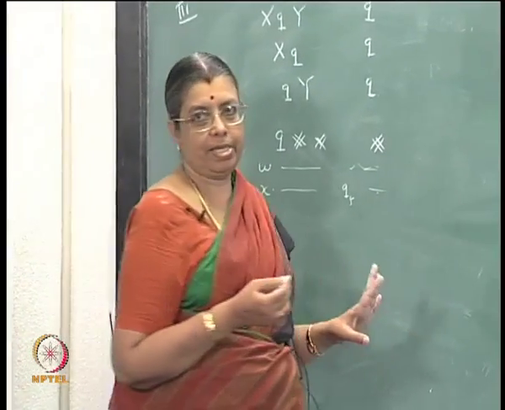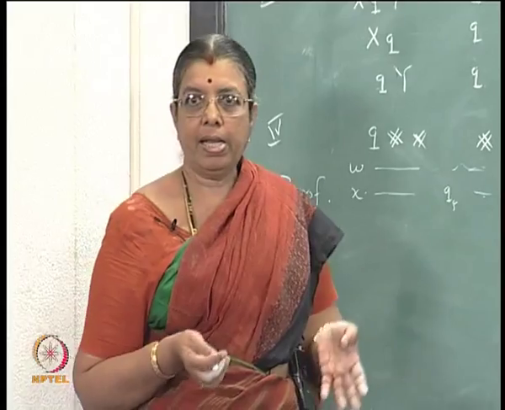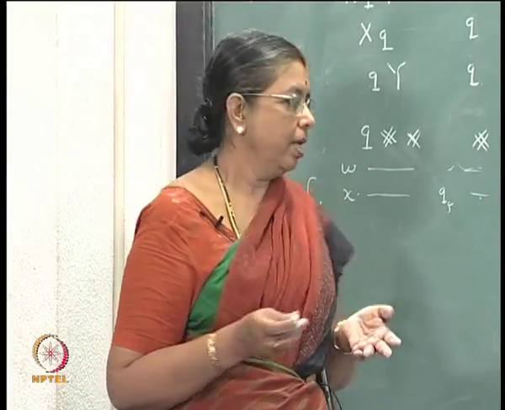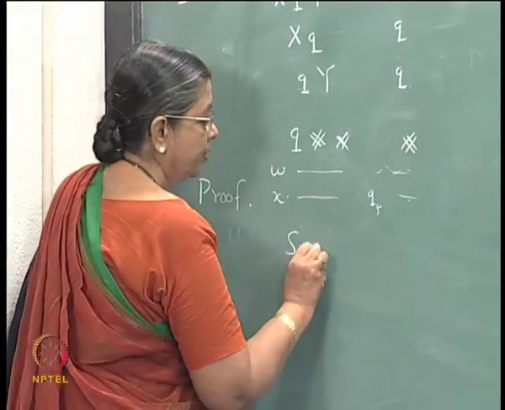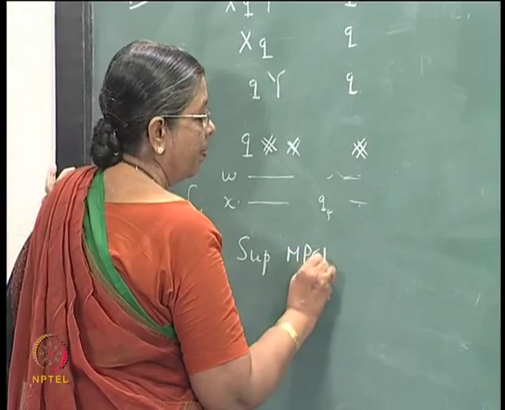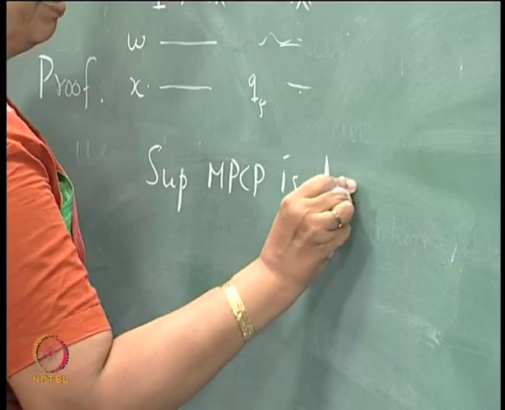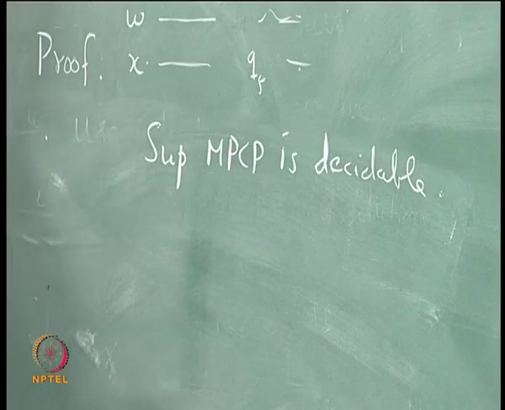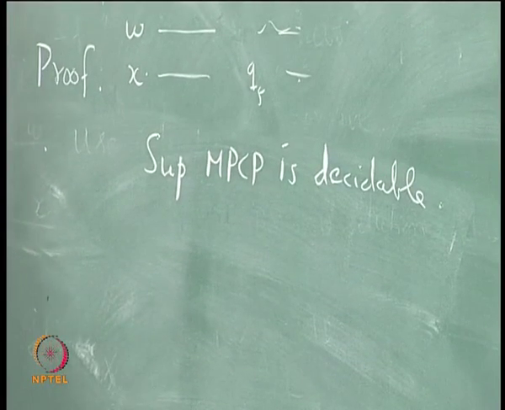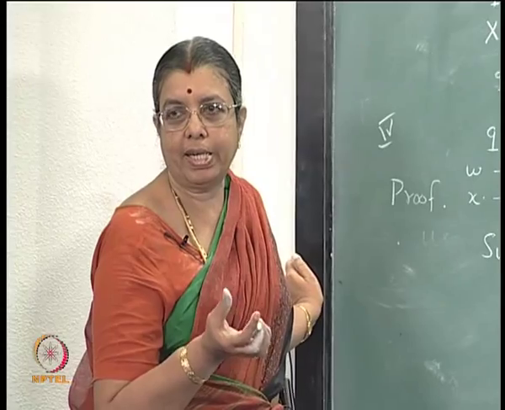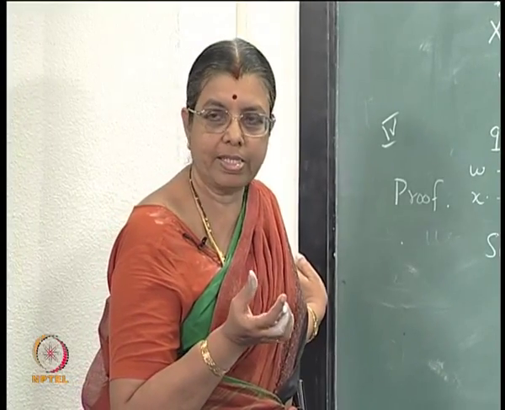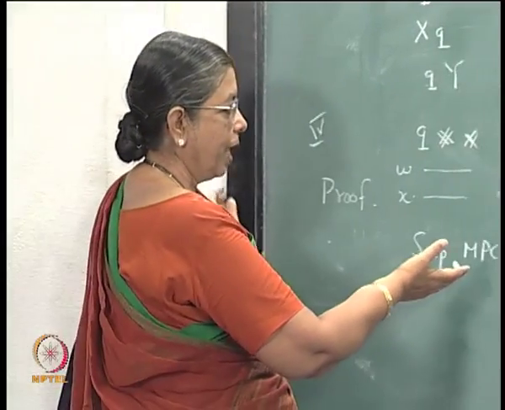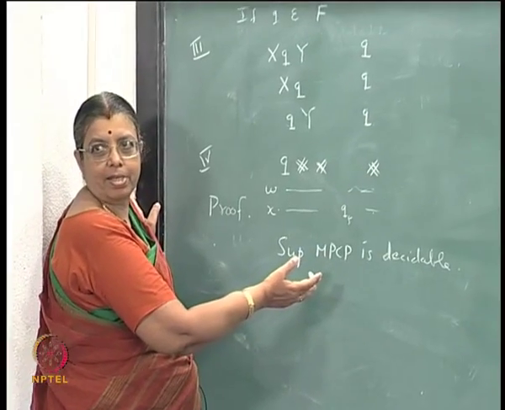Suppose MPCP is decidable, then what you do is, given M and W, you construct an instance of MPCP and give it to the algorithm, it solves this.